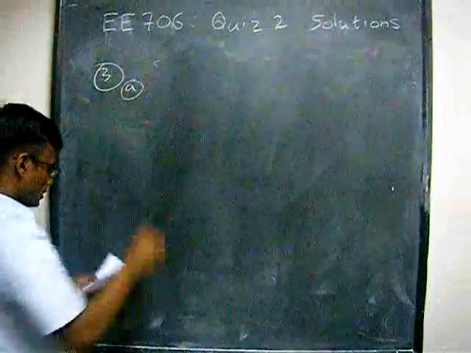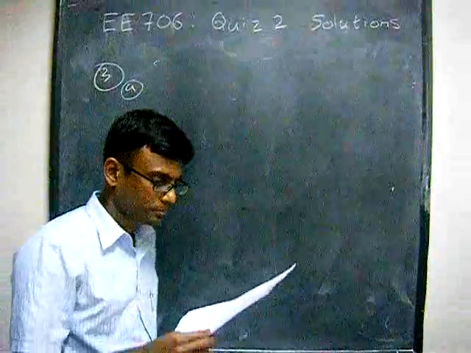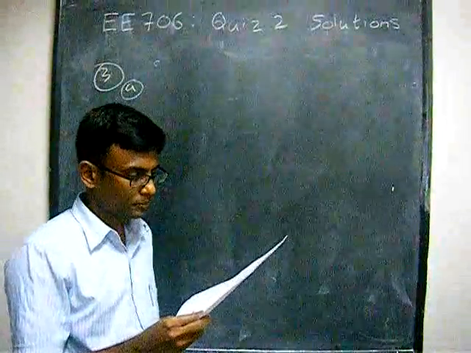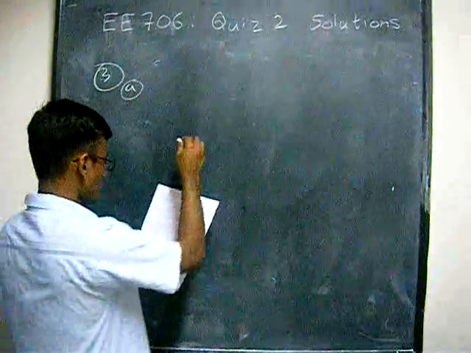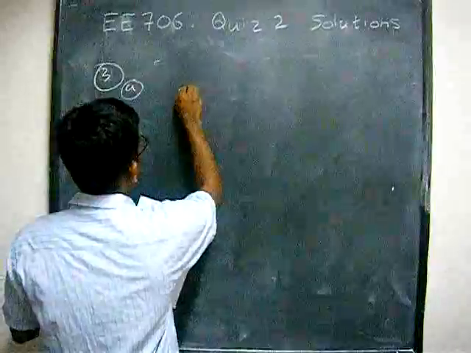So the first one was, I had a 6-node communication network, which we saw in class also, so let me just draw that.